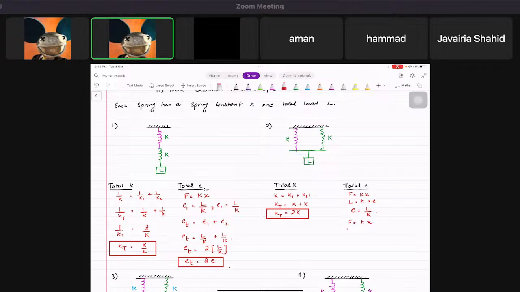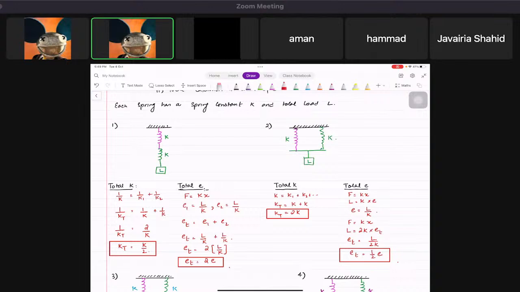This time the total load is L, K itself is 2K, and the extension is the total E. So the total extension is going to be L upon 2K, where L upon K is just E, which means it comes out to be half times E, and that would be your answer. So if you put something in parallel, the total extension of the same springs is going to be halved, because the force in each spring is going to be halved.